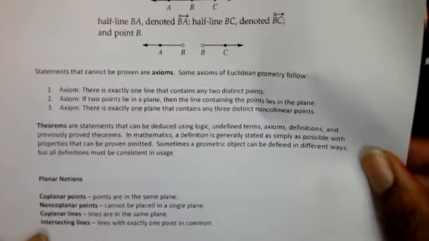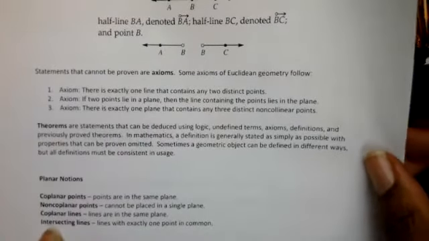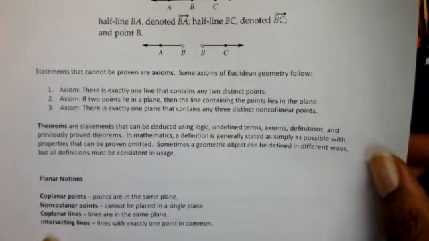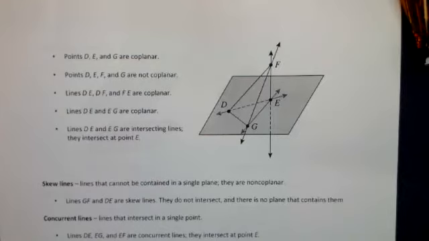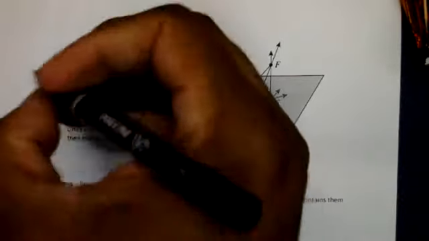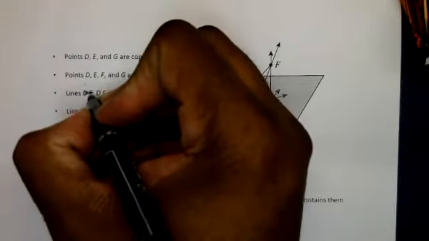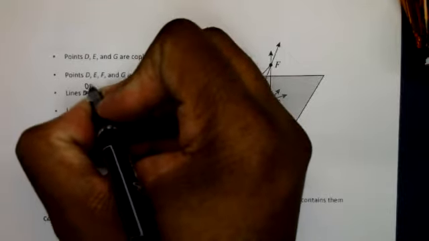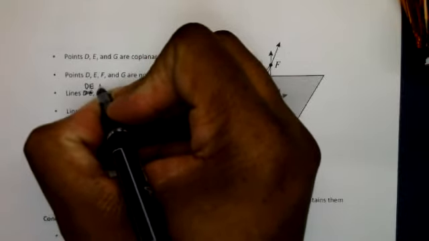Okay. Next are coplanar lines. Those are lines that are in the same plane. Okay. Now in this case here, lines DE. I apologize for this. This should be lines DE. The D and the E should be together.